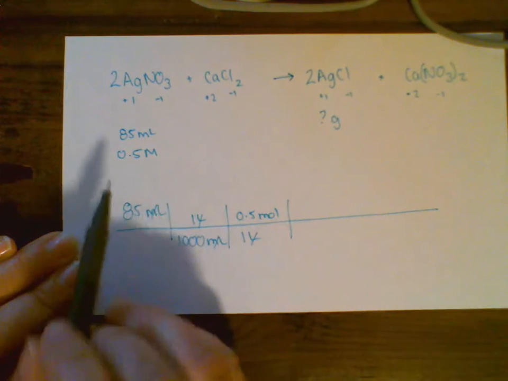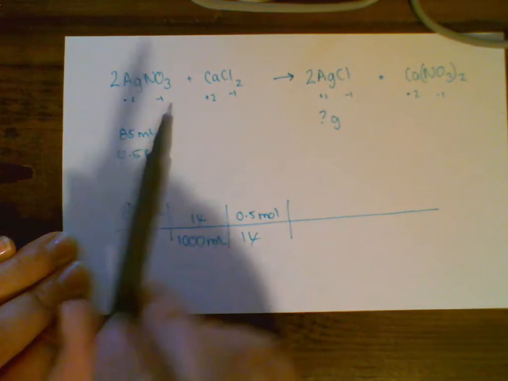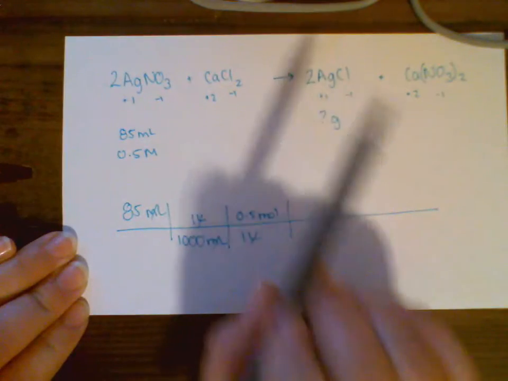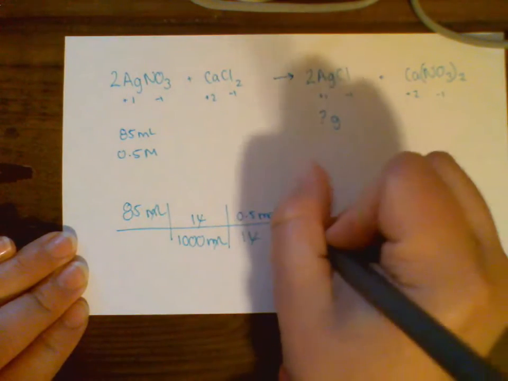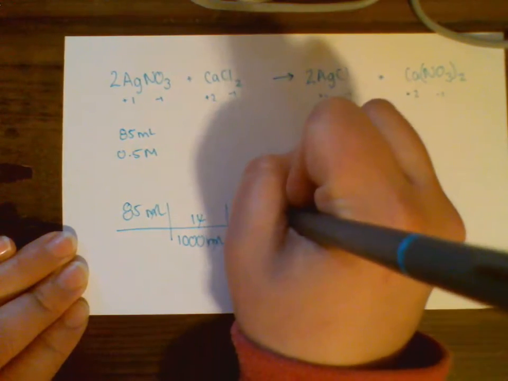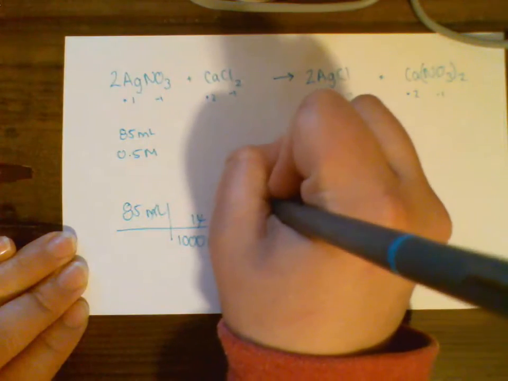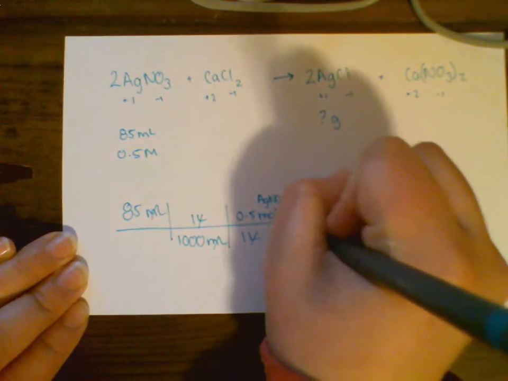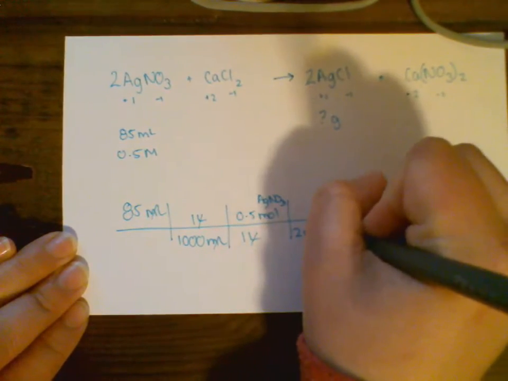From there, I'm ready to use my mole ratio. In this example, for every 2 moles of silver nitrate, I'm going to produce 2 moles of silver chloride. So it's a 2 to 2 mole ratio.